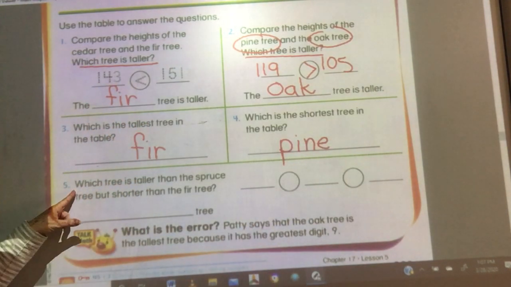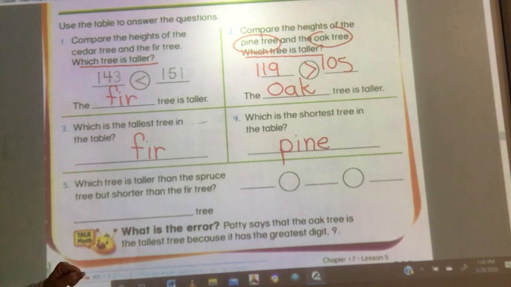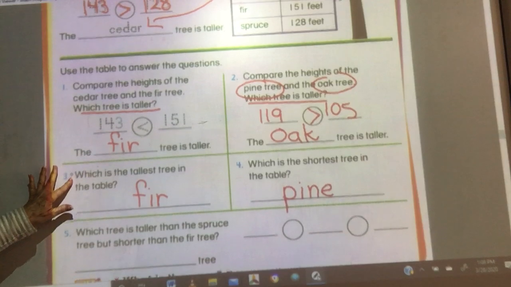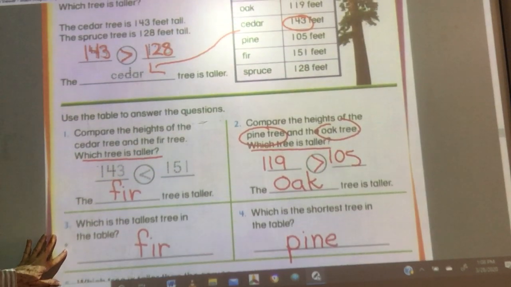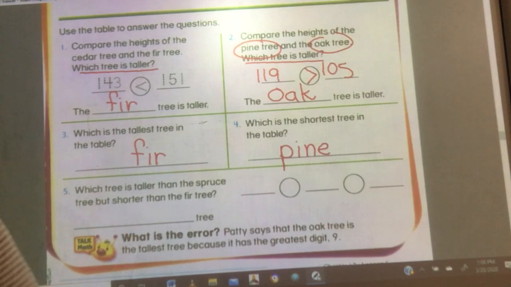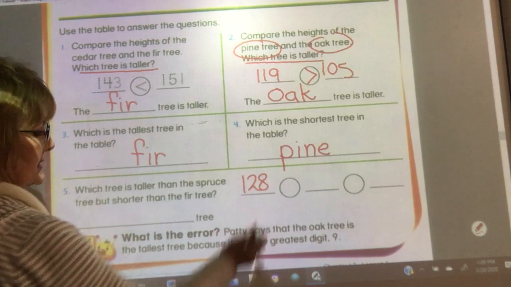Now it asks us which tree is taller than the spruce but shorter than the fir. So we've got the spruce and the fir. So the spruce is 128. So why don't we start there? 128.